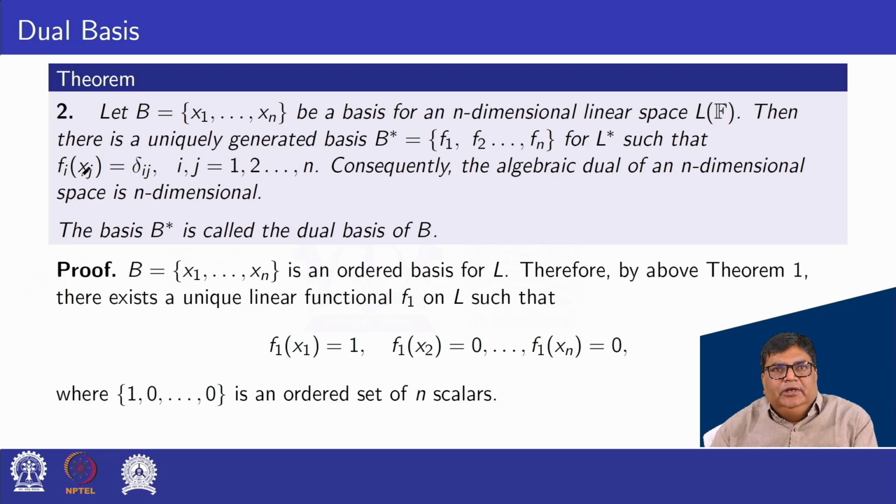That is fi(xj): if i and j are equal, that is 1, and if i and j are different, that is 0, where 1, 0, 0, 0 is an ordered basis set of n scalars. Okay, here f1, f2 and so on fn. So this is a unique functional on L, as discussed in above theorem 1.